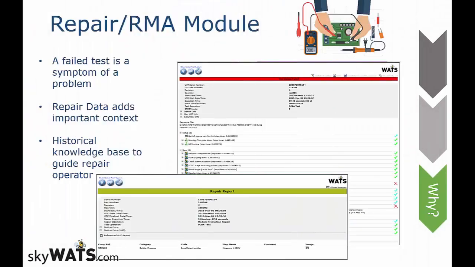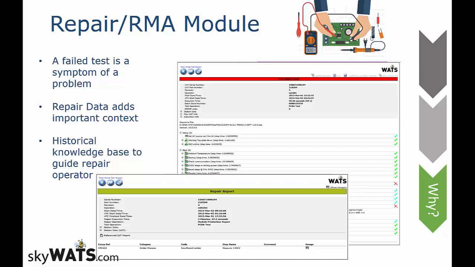We consider capturing repair data in the same system as test data instrumental for a good quality management solution. One reason is this will provide valuable context data to why a test has failed. Most manufacturers capture some repair data, but it often lives only in their MES system or a standalone application.